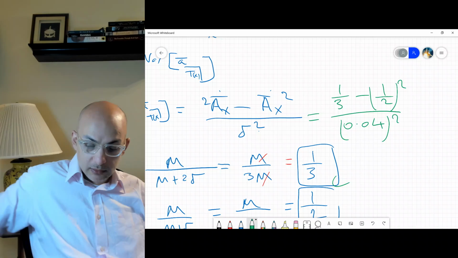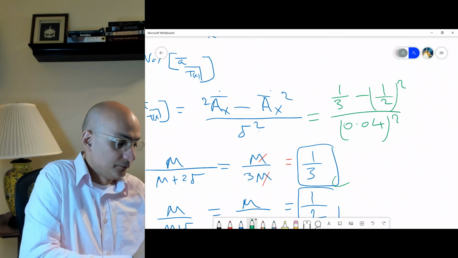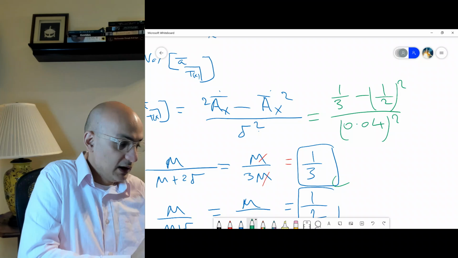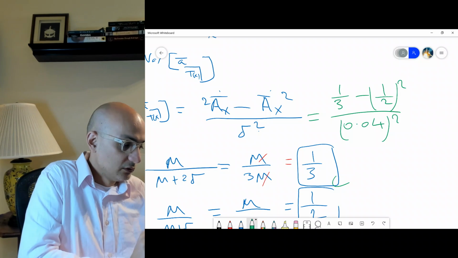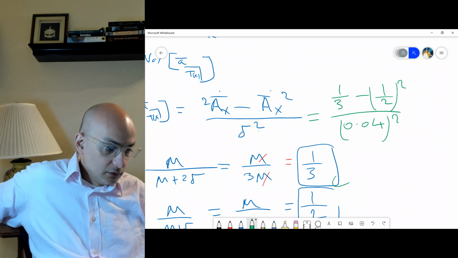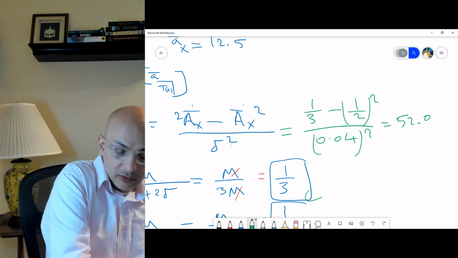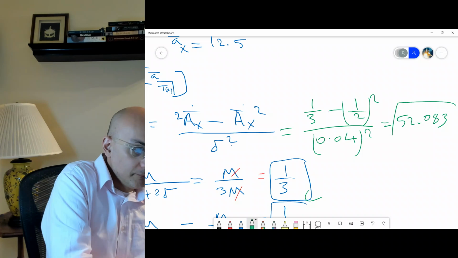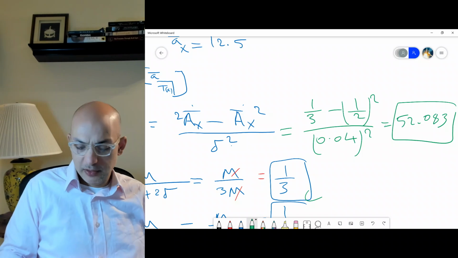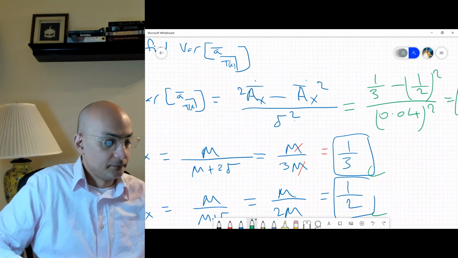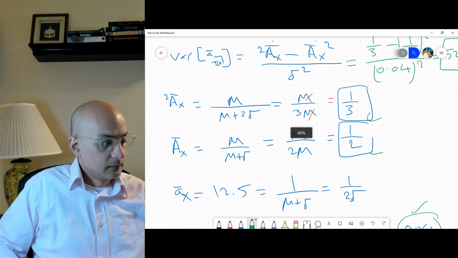If you use your calculator, 1 divided by 3 minus 1/4, which is 0.25, divided by 0.04 squared, you will get 52.083. Okay. It's very simple.